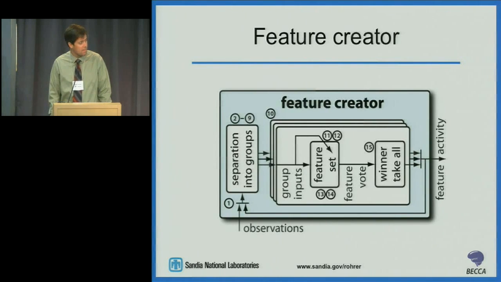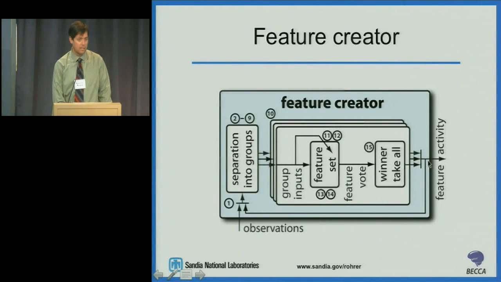Then at each time step, as the inputs are processed, the inputs vote on which feature is active at that particular time. There's a winner-take-all process, and within a given group, one feature comes out as the winner. Those are all combined and passed on to the reinforcement learner.